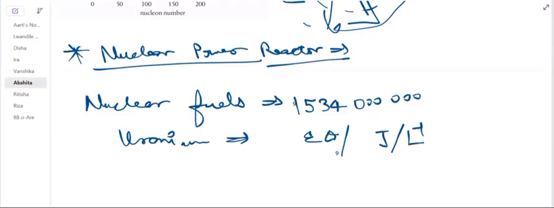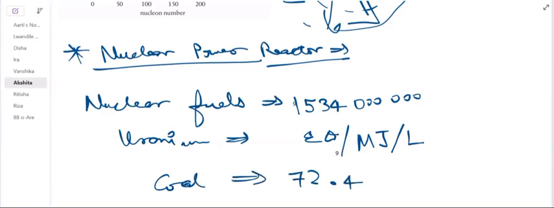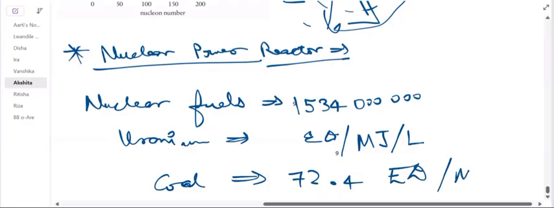Okay. Yes, ma'am. Any doubts? No, ma'am. Okay. And coal gives out 72.4 energy density per megajoule per liter.